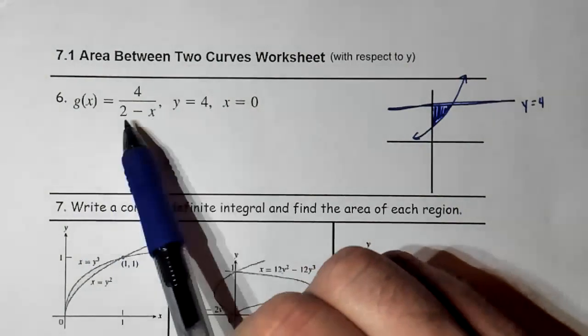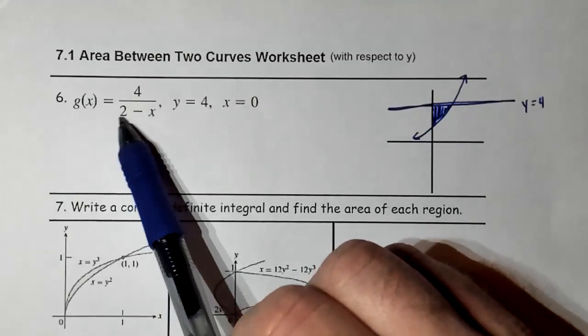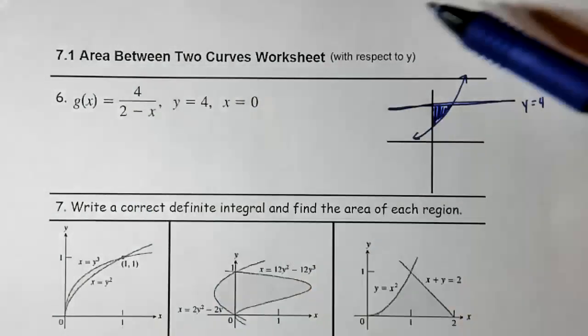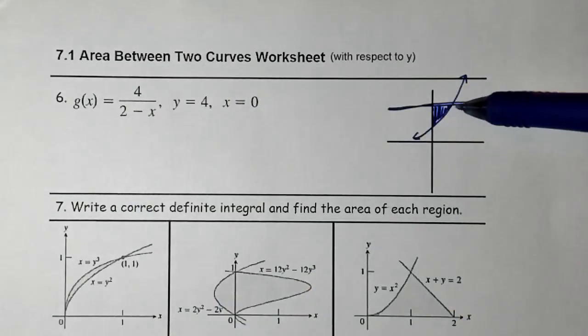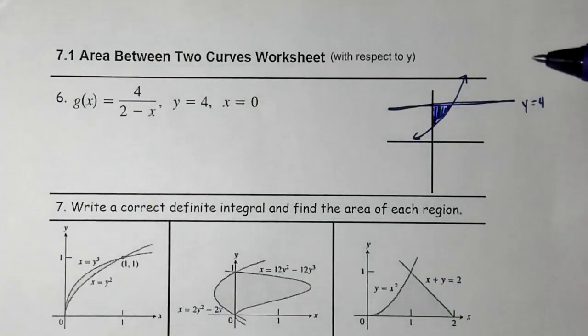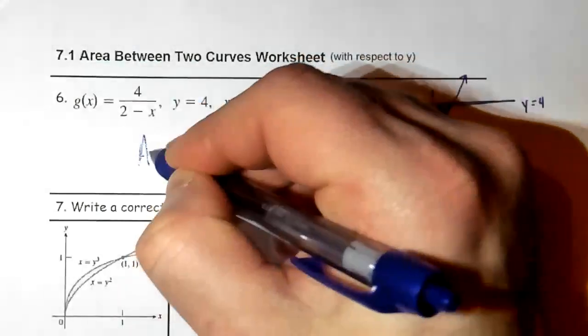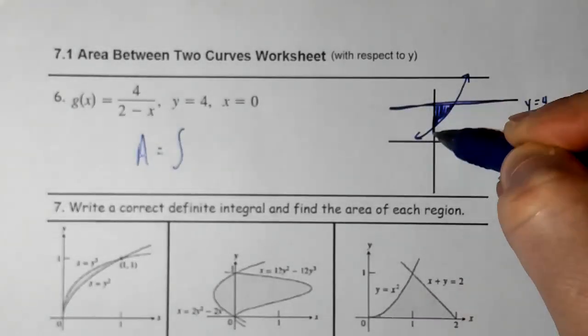I'm looking at this right now and I'm saying to myself, you know what? I really don't want to get this in terms of y. Okay. At the end of the day, let's get the area between two curves. So I'm just going to look at going from 0 to 1 in terms of x. So area equals, in this case, 0.